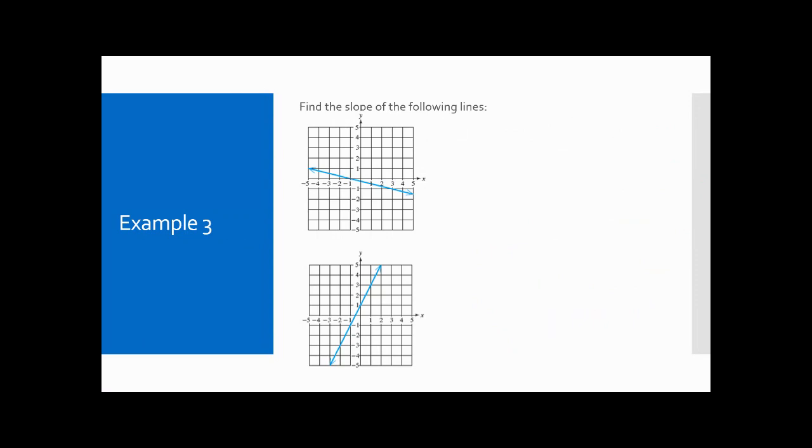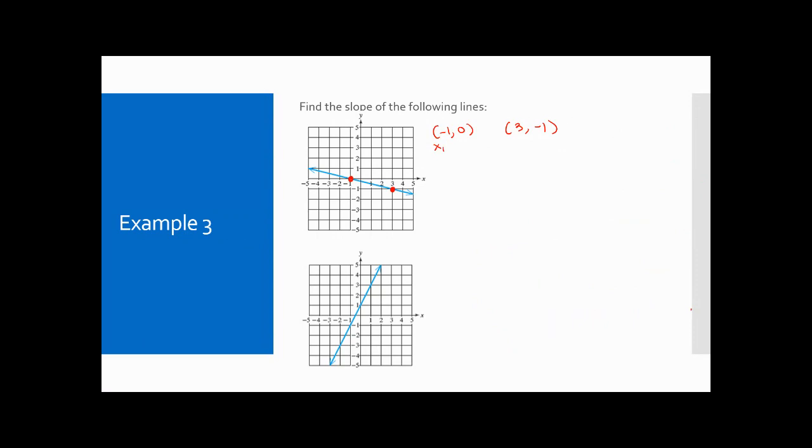So I always try to pick ones that are easy to read off of the graph. So like I have an ordered pair right there. I try to pick the ones that are on the grid. And then it looks like it crosses the grid right here as well. So it looks like I have (-1, 0) and (3, -1) as 2 ordered pairs on this line.